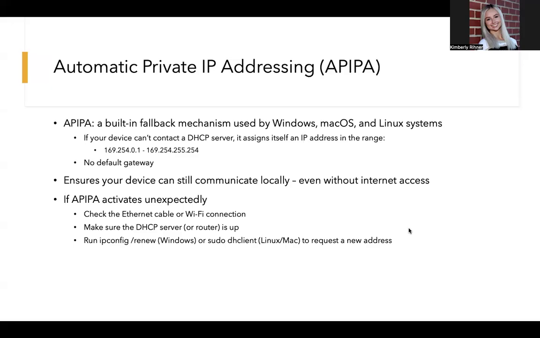The subnet mask would be 255.255.0.0, and there is no default gateway since there's no route to the internet. Basically, this ensures your device can still communicate locally even without internet access.